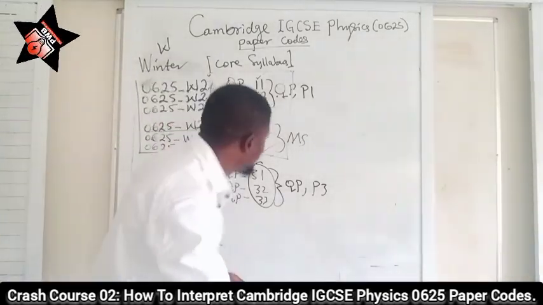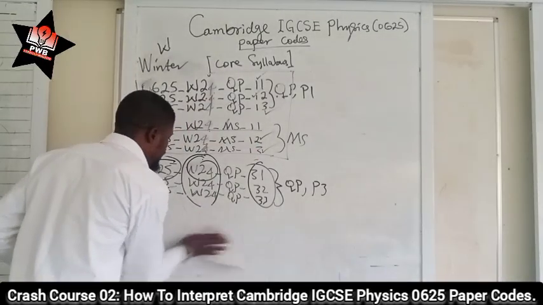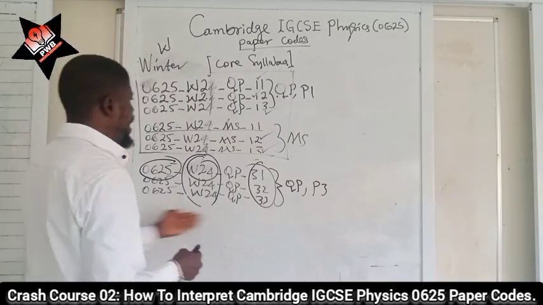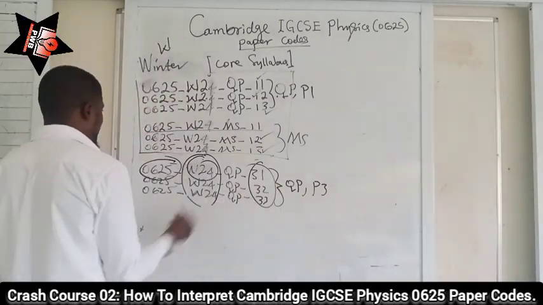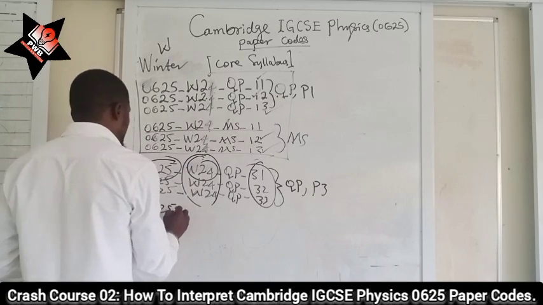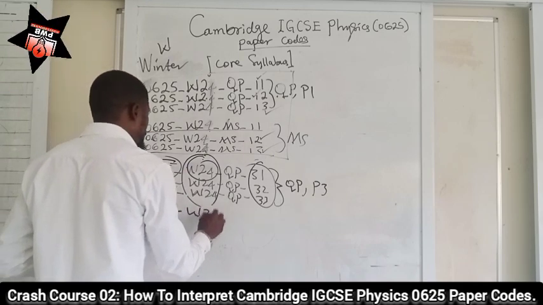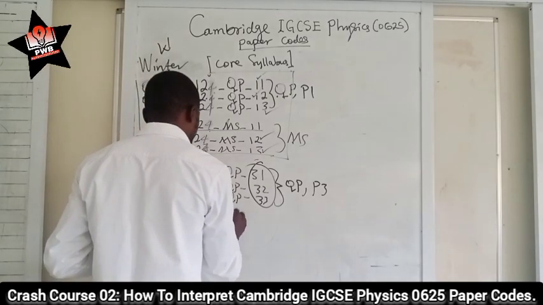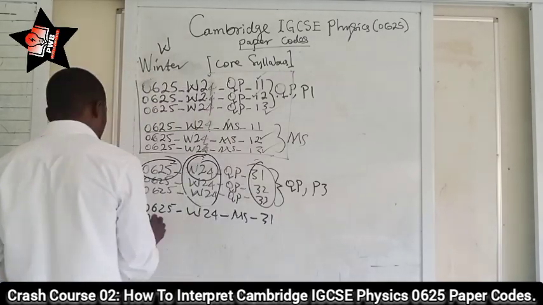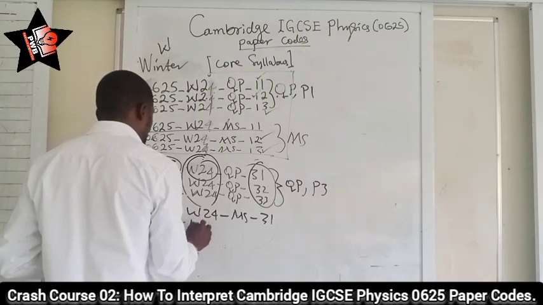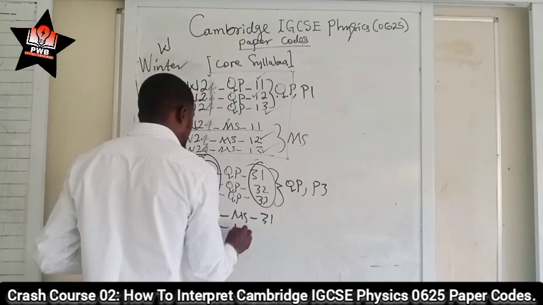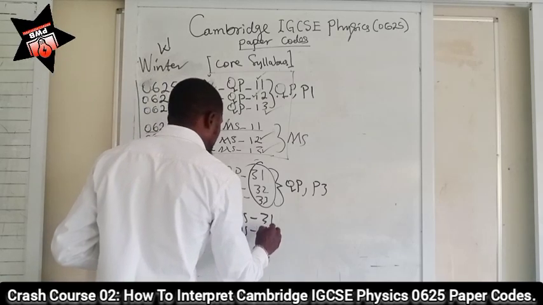And then for the last one, but not the least, sorry, for the mark guide, I forgot the mark guide. For the mark guide, it's the same thing with this one. You have 0625 W24 MS 31. 0625 W24 MS 32.